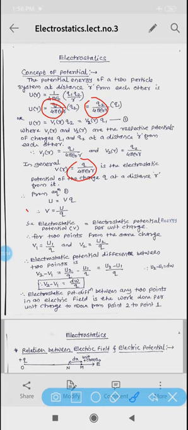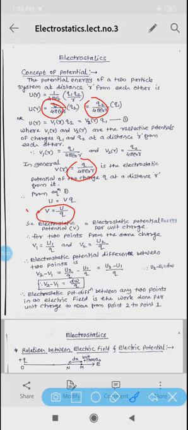Therefore this equation can be written for the 2 points as V1 is equal to U1 upon Q and V2 is equal to U2 upon Q. V1 and V2 are the respective potentials of the same charge Q, and therefore the electrostatic potential difference between the 2 points is V2 minus V1.